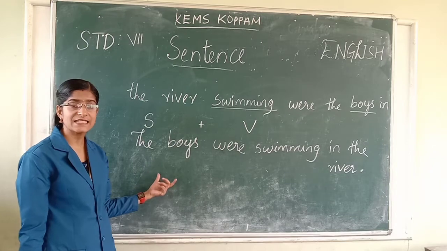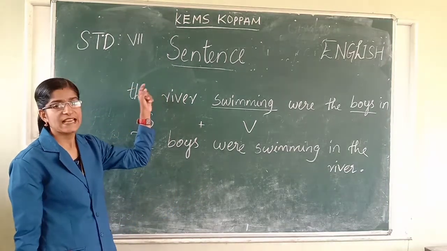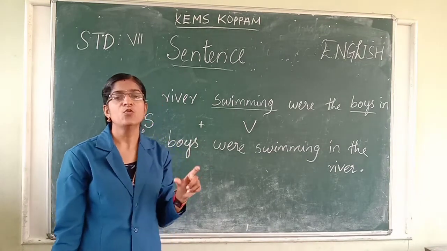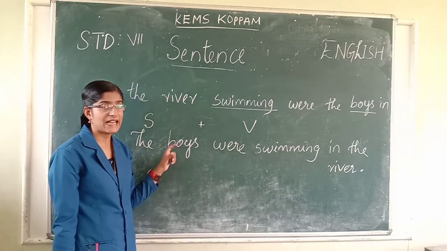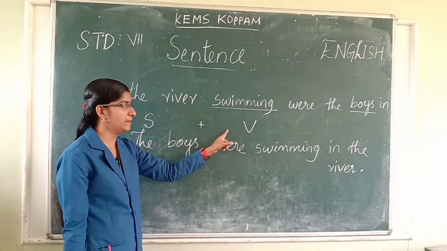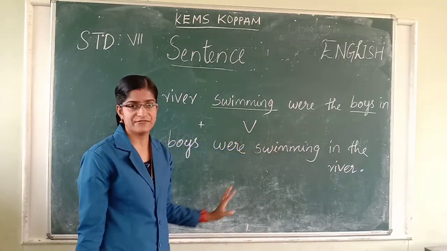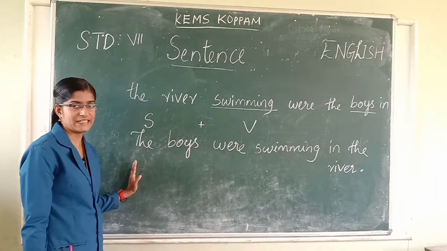It gives us a complete meaning. So what is a sentence? A sentence is a group of words which gives us a complete meaning. It has an order. First we write the subject, then verb, then object, complement, etc., then the rest of the sentence.